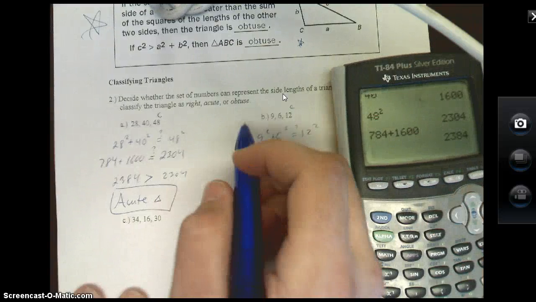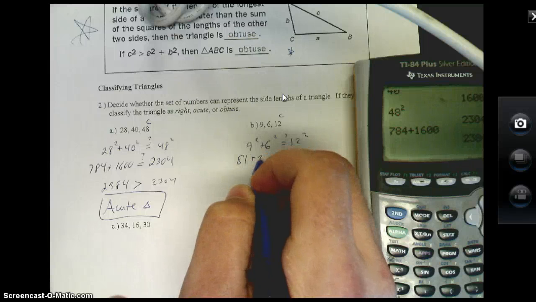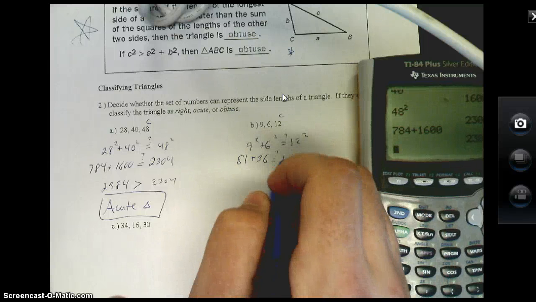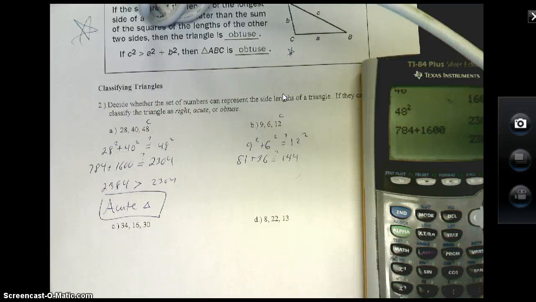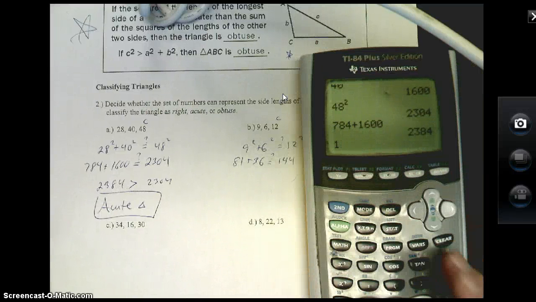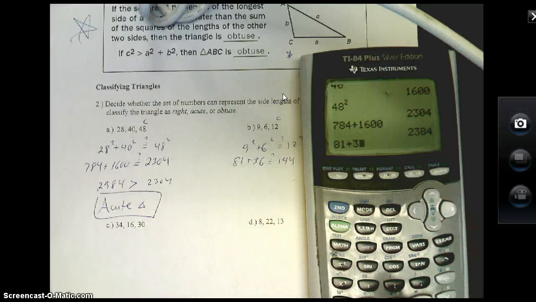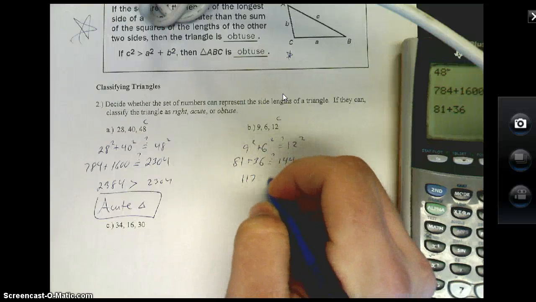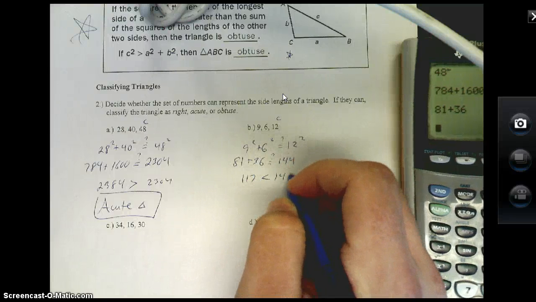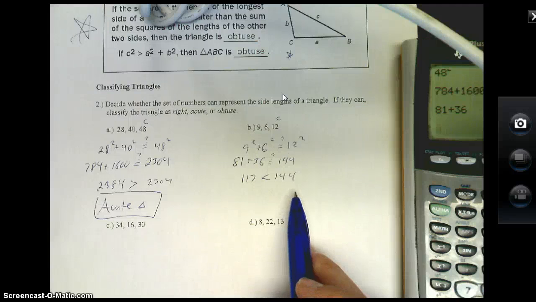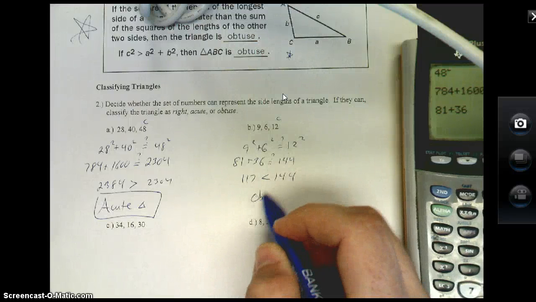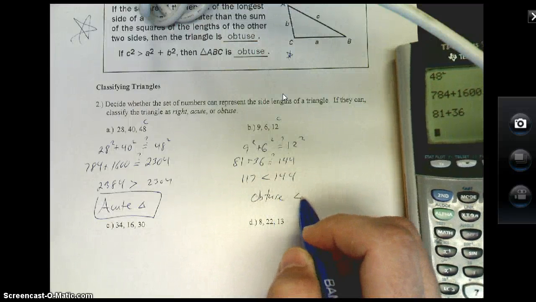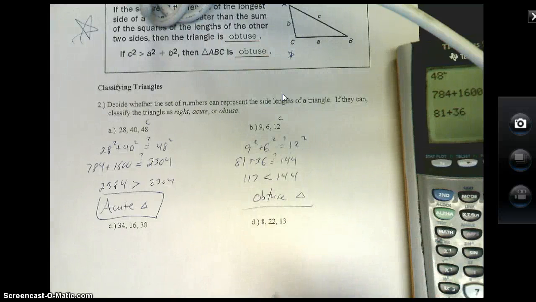So we got 81 plus 36, seeing if it equals 144. 81 plus 36 gives me 117. 117 is less than 144. Therefore, your c squared is larger. This would be an obtuse triangle. So far, so good.